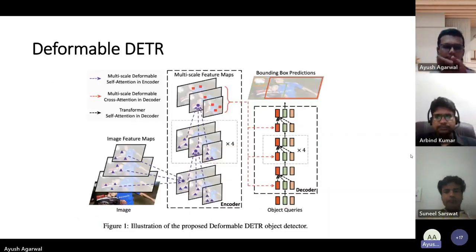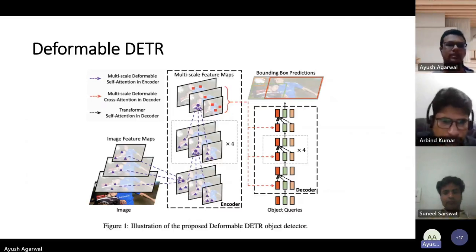So this was DETR. What Deformable DETR essentially enables us to do is somewhat similar to what we saw in InternImage, that it gives attention to far away objects. It is not a fully dense kind of attention. It helps us make the attention sparse.